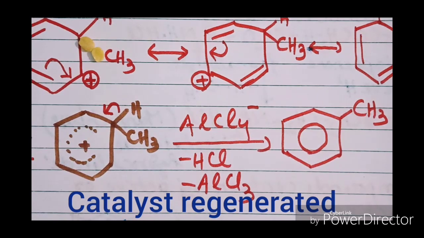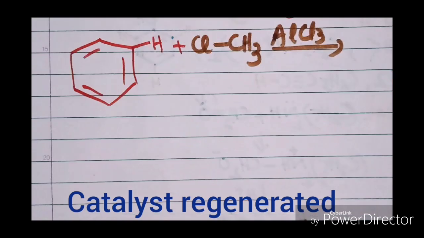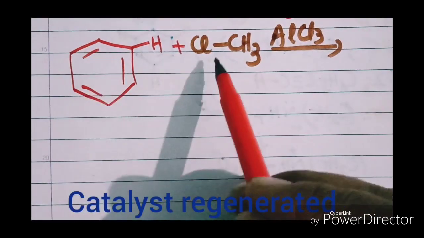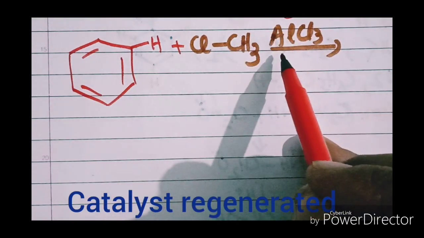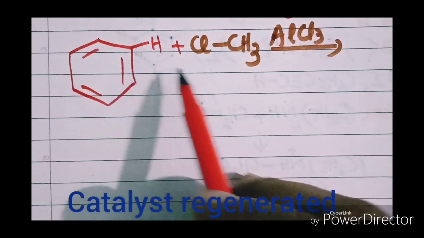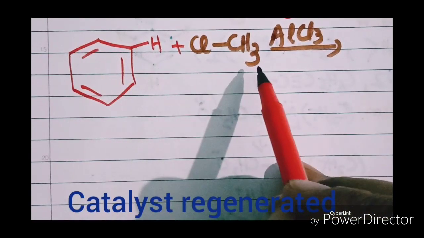Now we'll do the reaction in a simpler method. You see, when benzene is treated with methyl chloride in presence of anhydrous aluminum chloride, the product will be toluene and HCl.